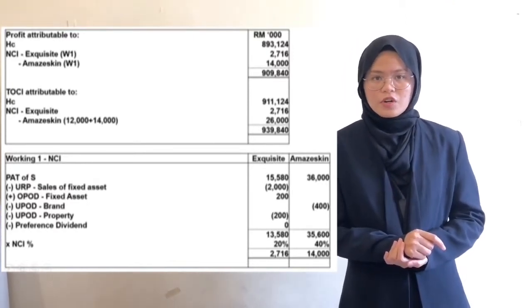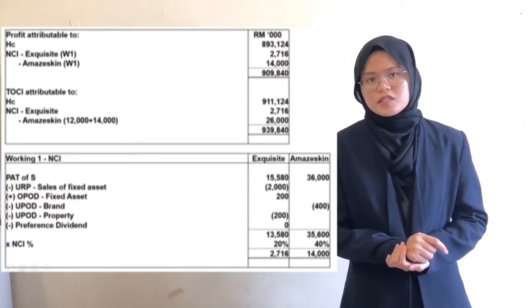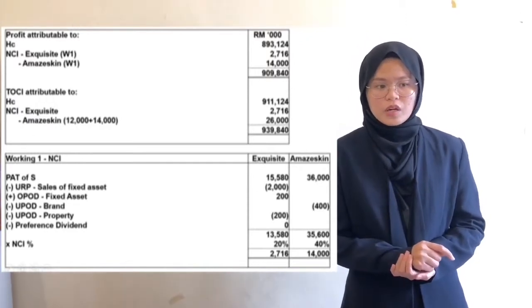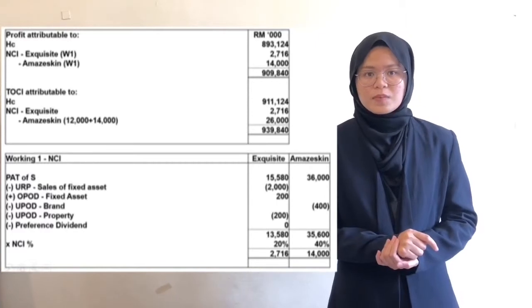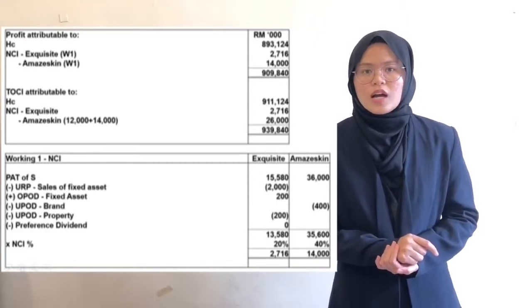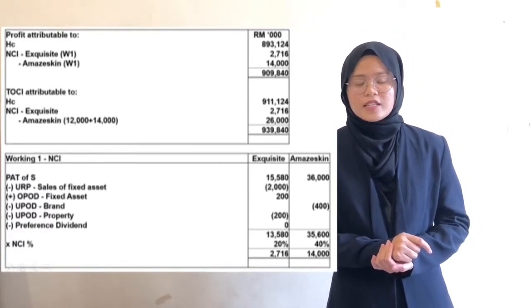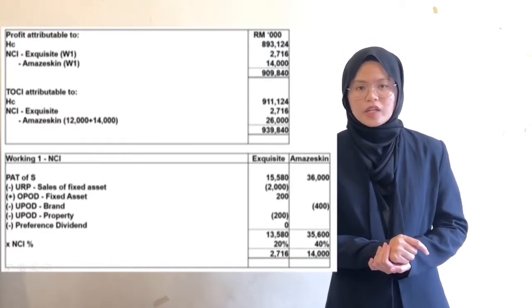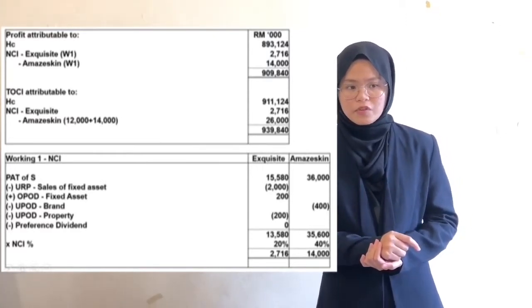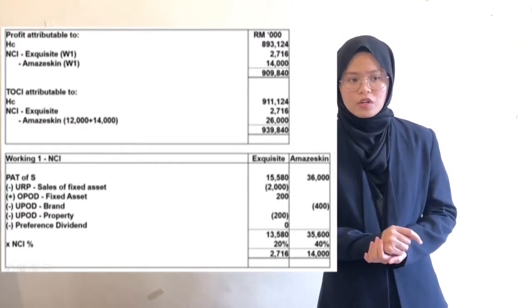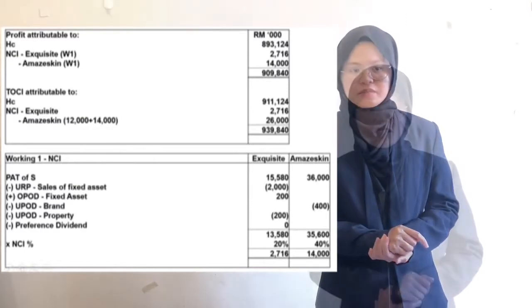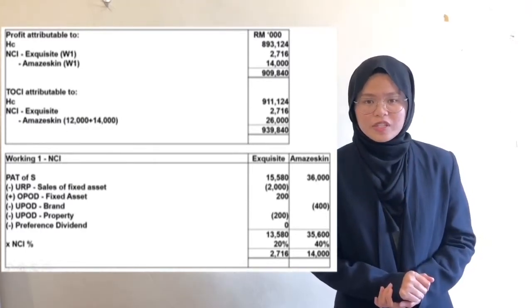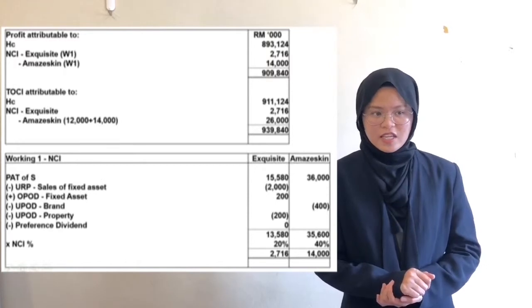As for total other comprehensive income attributable, for MSC Skin we have the surplus on revaluation, so we need to times it by the percentage of NCI, and we will arrive at 26 million for MSC Skin and 2.716 for Exquisite, total 911.124 million.